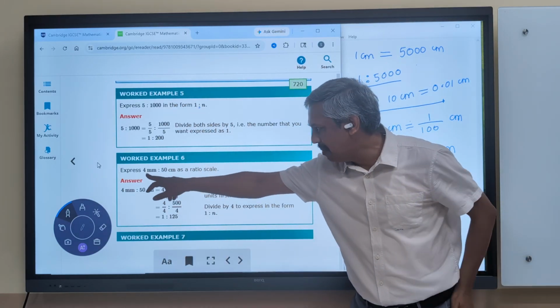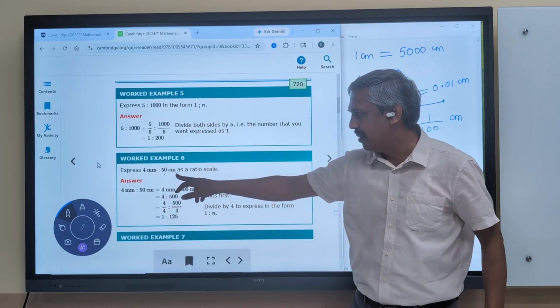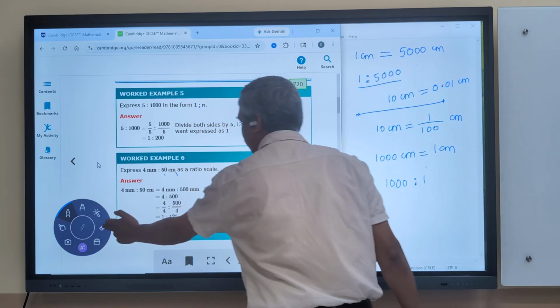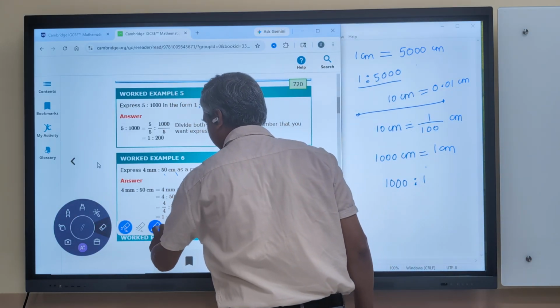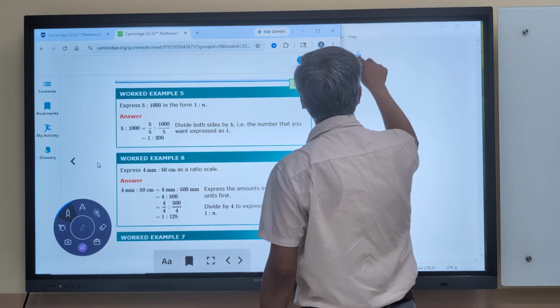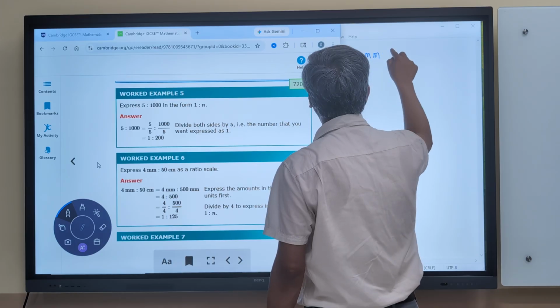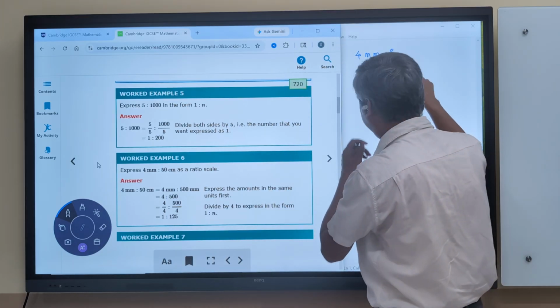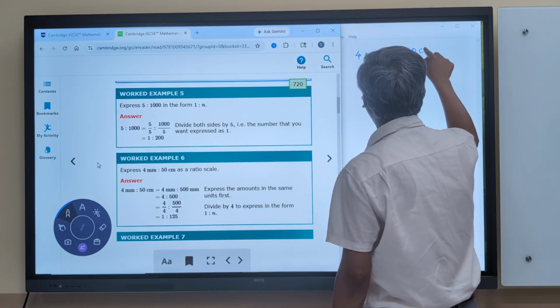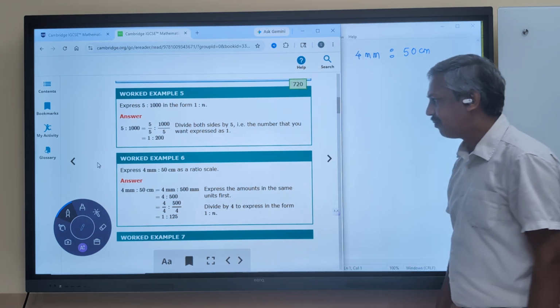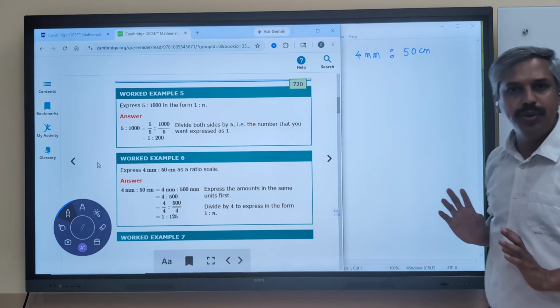Similarly here, 4 millimeter is to 50 centimeter as a scale ratio. Let's solve it here. So we have 4 mm is to 50 cm. We'll keep the unit the same first.